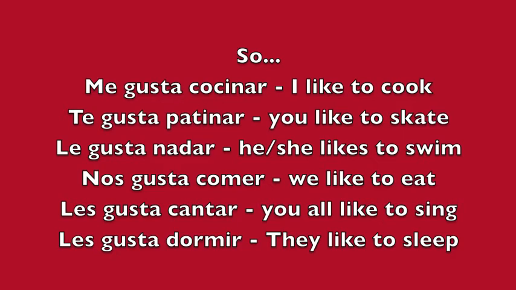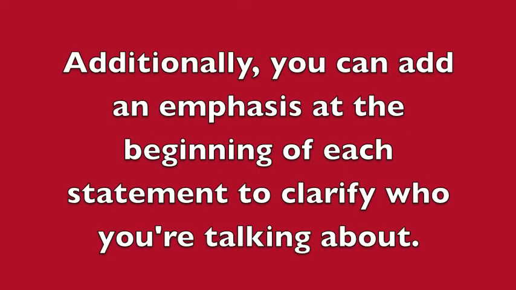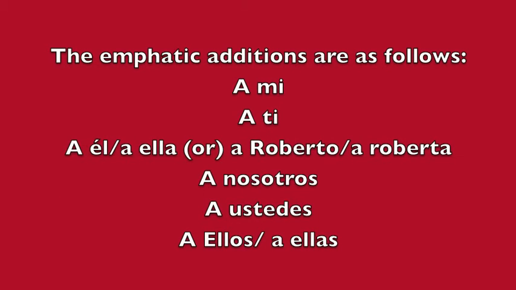So here's a list of activities that you can practice saying that you and other people like. And here's a list of sample sentences as well, just to help get you started. Additionally, you can add an emphasis at the beginning of each of these statements of I like or you like or he likes to clarify who the person is, especially in the case of he or she. The emphatic additions are as follows. To me gusta, you add a mí.